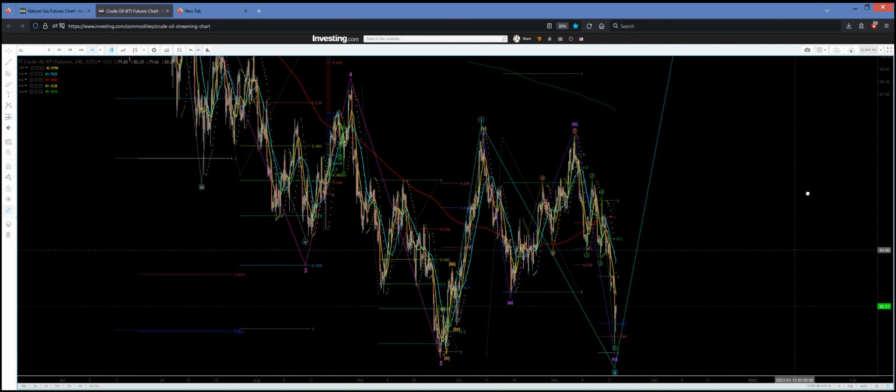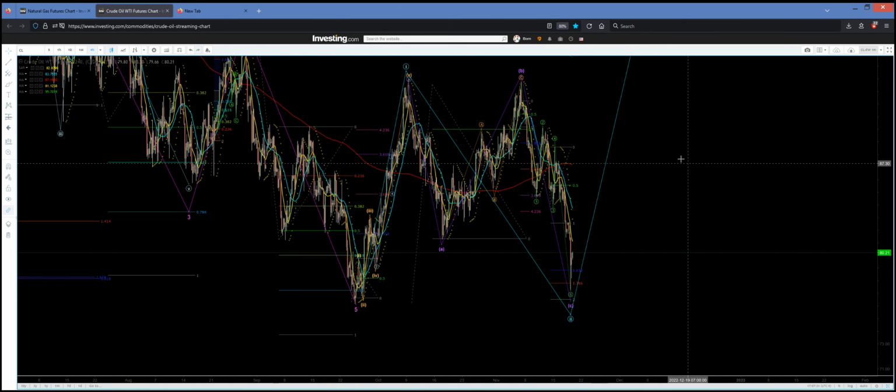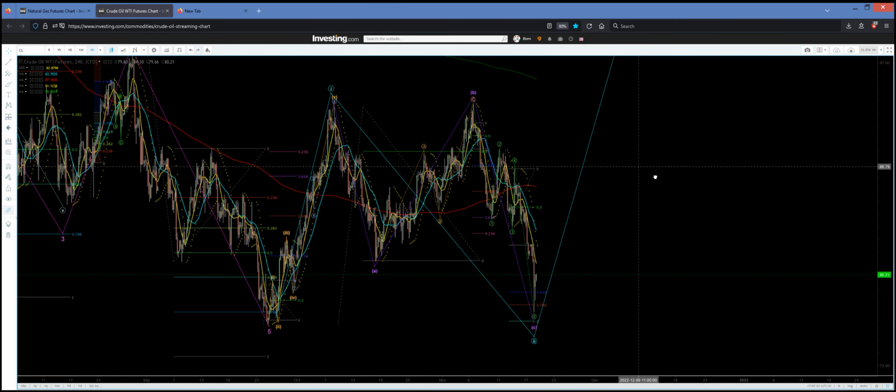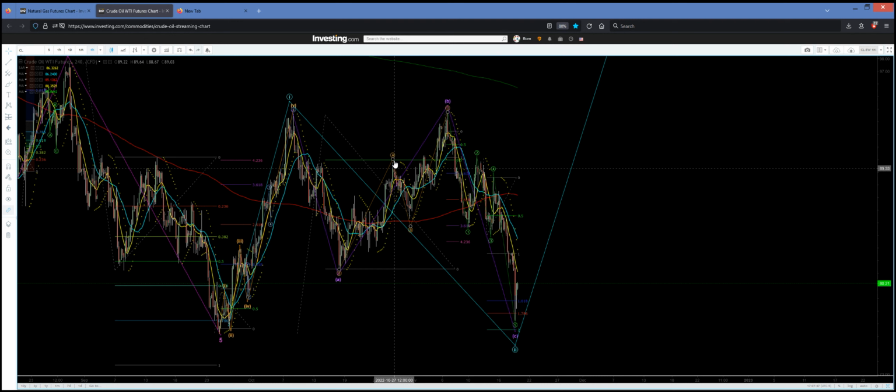It is a fair bit involved. It does look like it moved very slowly, as you can see some of these diagonals, this cover over, 1, 2, 3, 4, 5, elongated wave 5 as a leading diagonal this time.